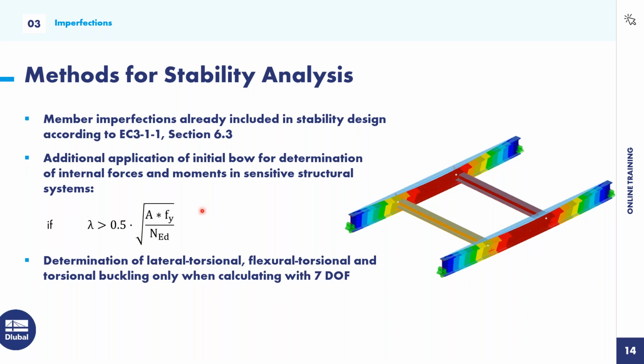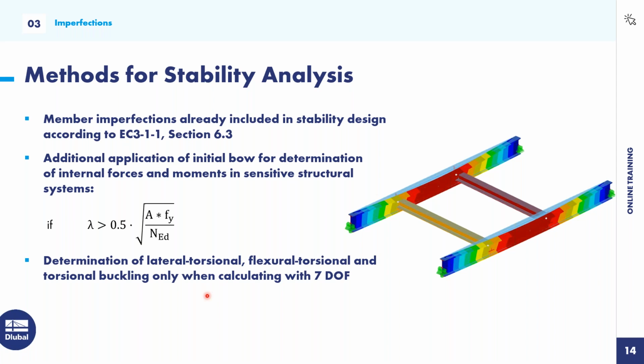The stability failures like torsional buckling and lateral torsional buckling aren't considered. So if I want to take this into account through the eigenvalue analysis using the Structural Stability add-on, then I have to calculate with 7 degrees of freedom. And then I can refer to the results because then they are correct.